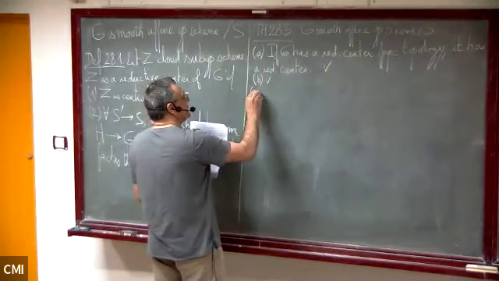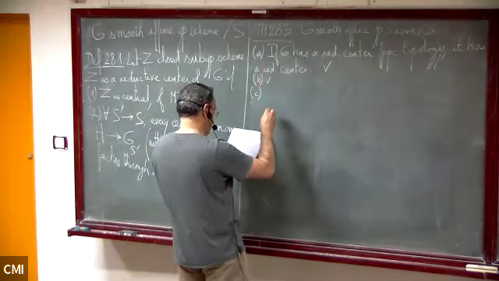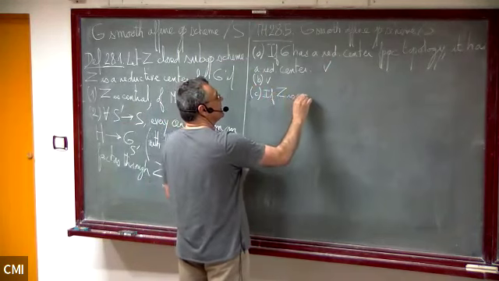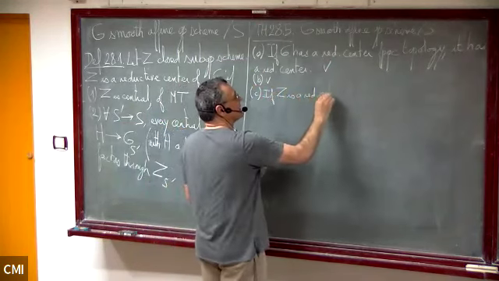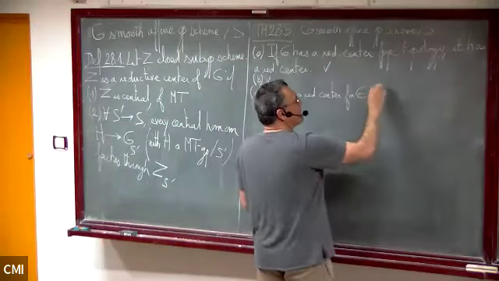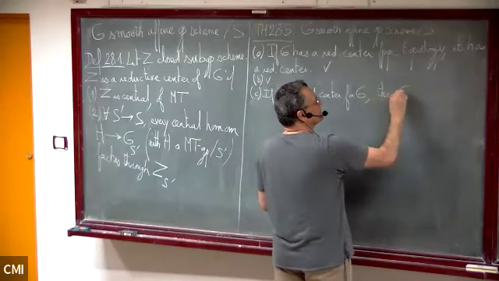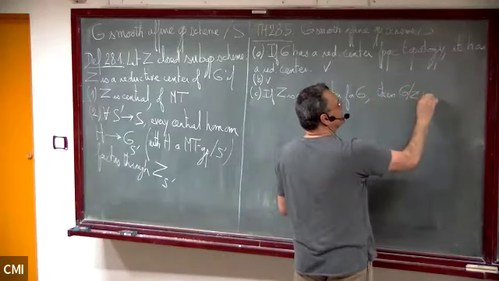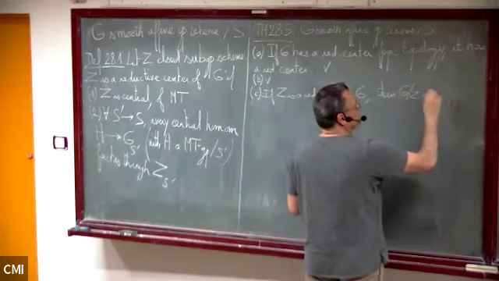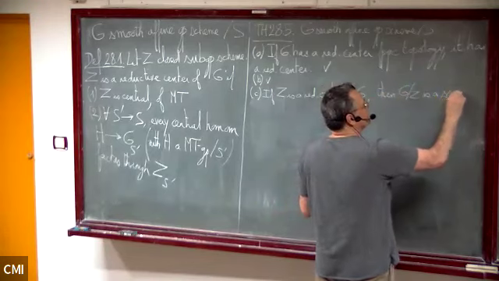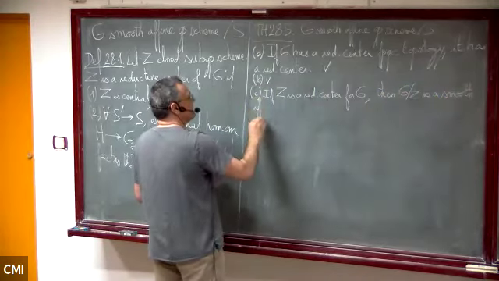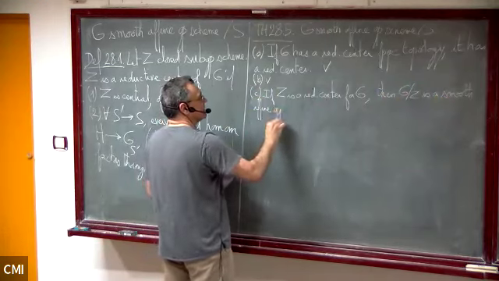Now we have this fact that if Z is a reductive center for G, then the quotient G over Z is a smooth, affine group scheme.